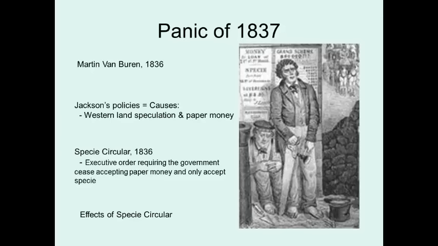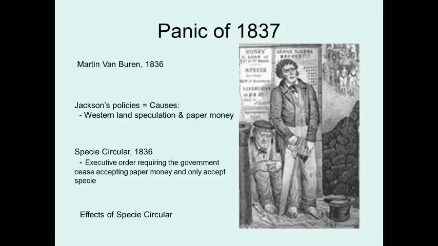And Jackson's new vice president, Martin Van Buren, gets elected president in 1836. Unfortunately for Van Buren, he inherits Jackson's policies. And these policies are going to create a panic in 1837 so deep that it will not be equaled until the Great Depression of the 1930s.